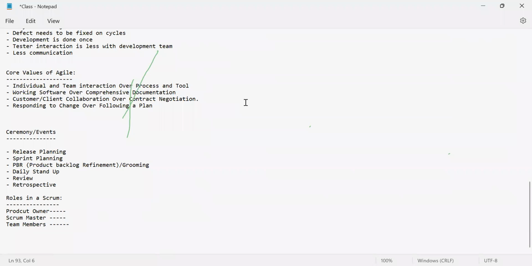Any questions on Agile, guys? I am a certified Scrum Master. I am an advanced certified Scrum Master. I am LeSS certified also. LeSS is large scale Scrum.